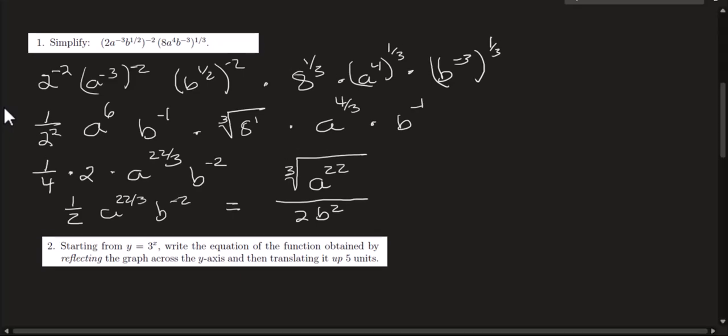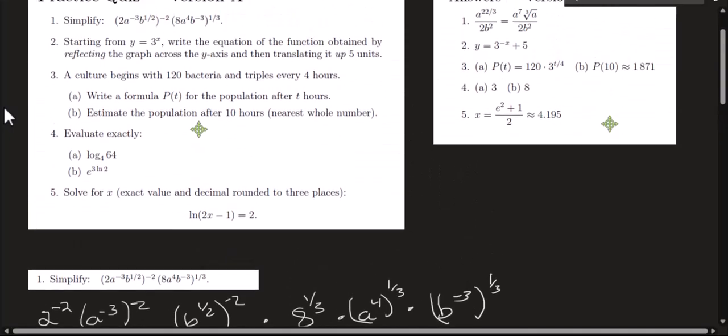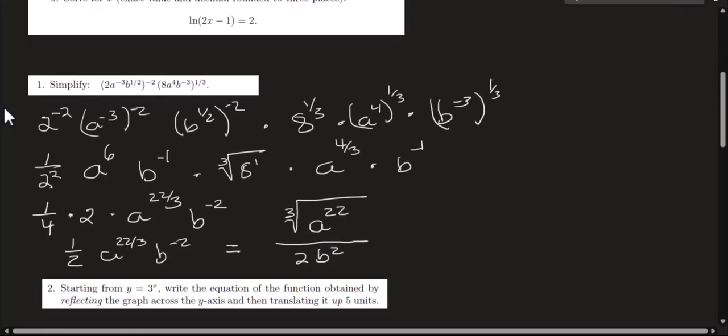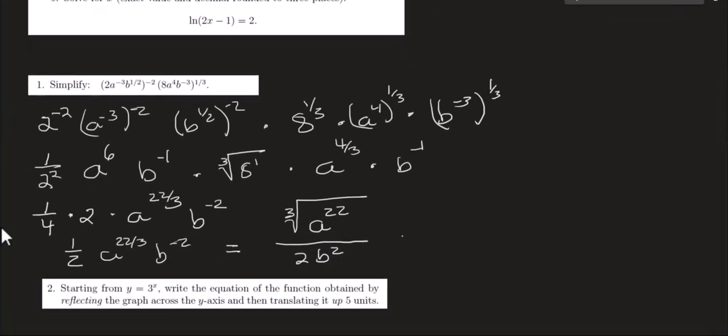So let's see if that's the same answer that we have up here. Oh, okay, so let's simplify this a to the 22, so that is the same as the third root of a to the 21 times a over 2b squared.